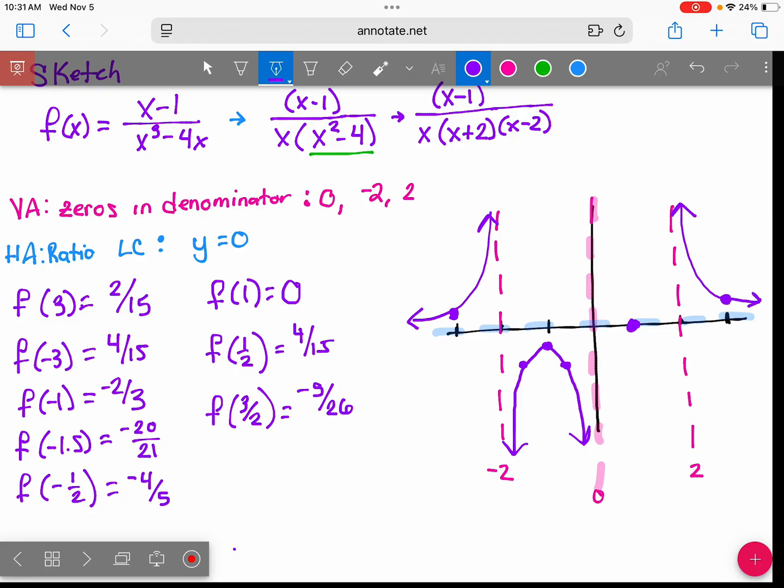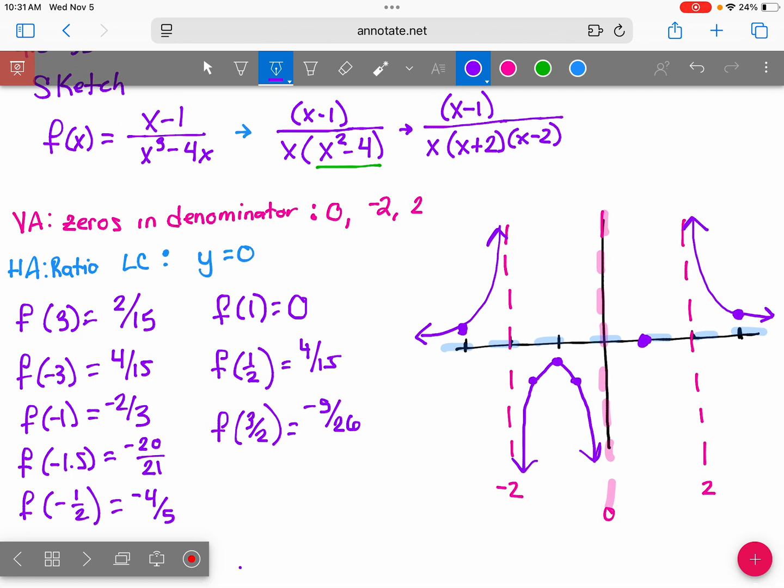And I just want to double check before we commit to it. 3/2 to the third minus 4 times 3/2. Yep, you are right. I am wrong. Negative 4/21. Right with you.